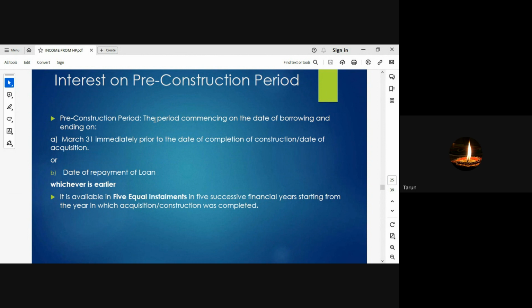It is always stated in 5 equal installments. If it is not claimed within the 5 years in equal installments, double interest will be charged on that principal amount of the loan. These are the rules that you need to follow in theory and of course in practical.